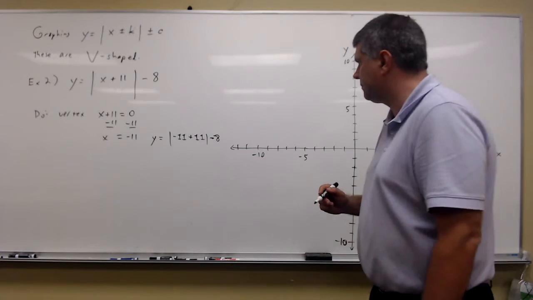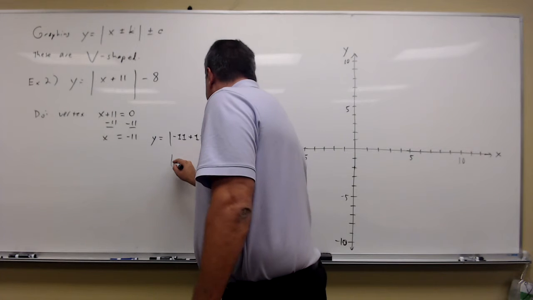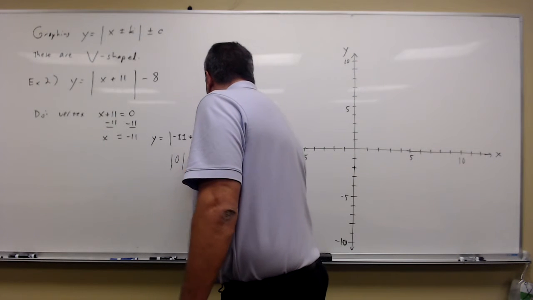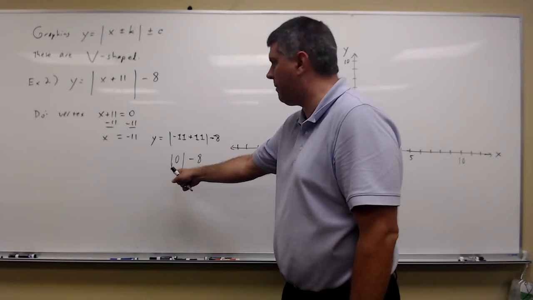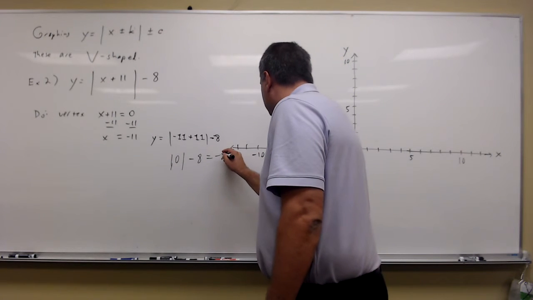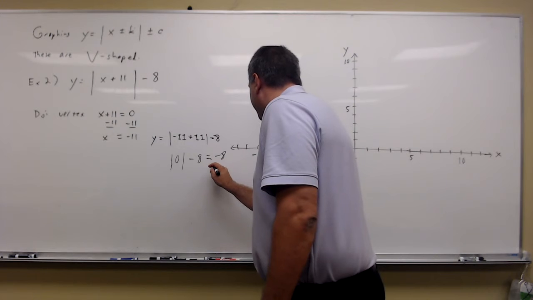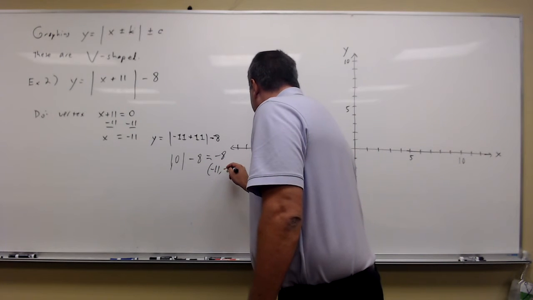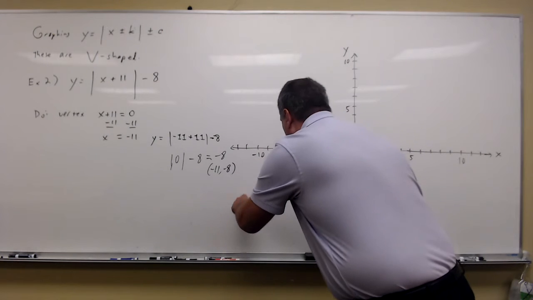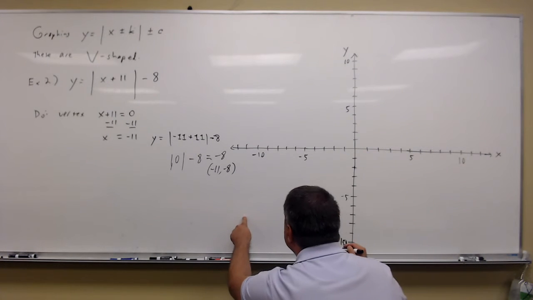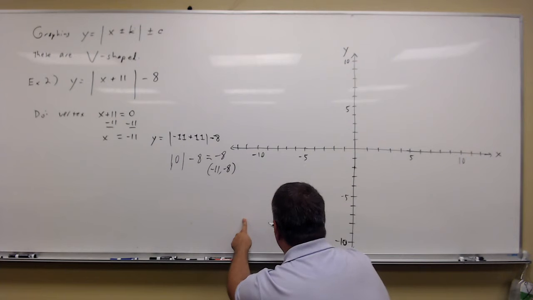All right, so that's the absolute value of 0 minus 8. Absolute value of 0 is 0. 0 minus 8 is negative 8. So the vertex is going to be negative 11, negative 8.